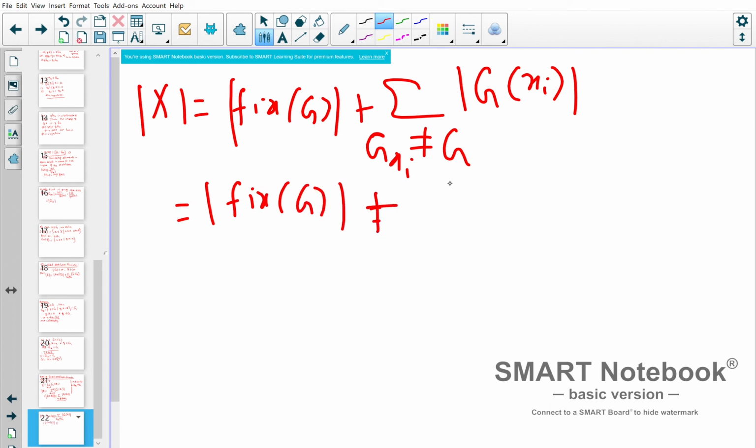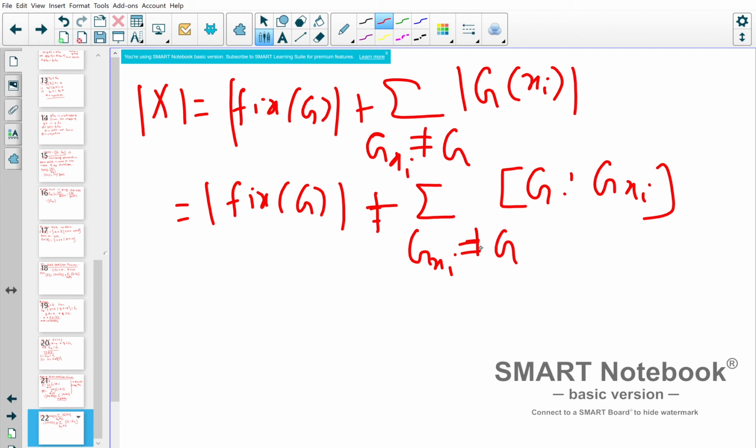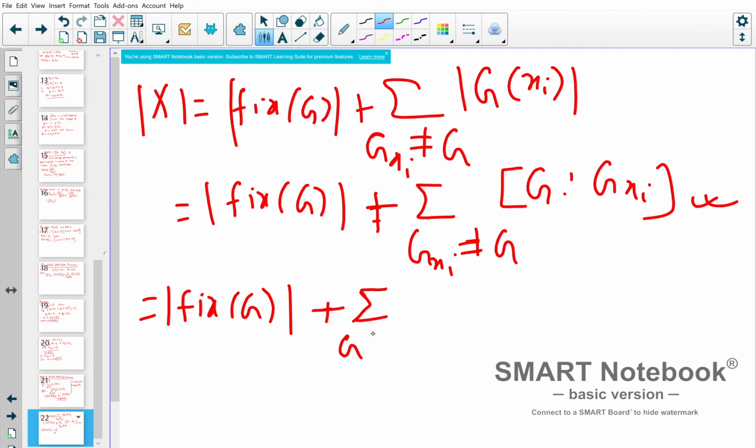So I can write it in this notation: plus the sum of the index of G_{x_i} inside G, with G_{x_i} not equal to G. Clear? And you can further write one more step: the cardinality of X is the fixed set of G plus the summation, over G_{x_i} not equal to G, of the order of the group G divided by the order of the stabilizer, such that these stabilizers are proper subgroups.